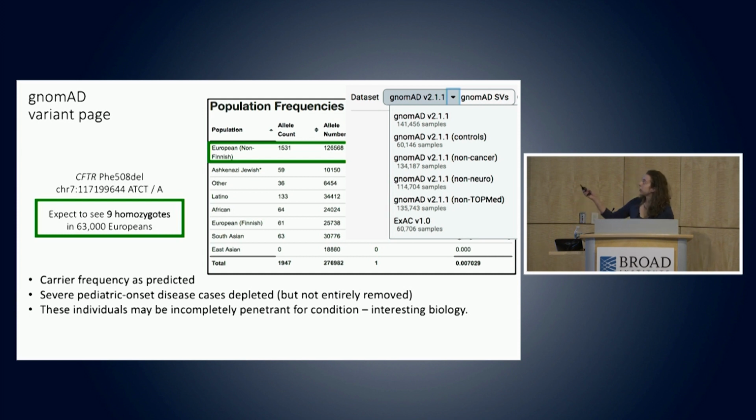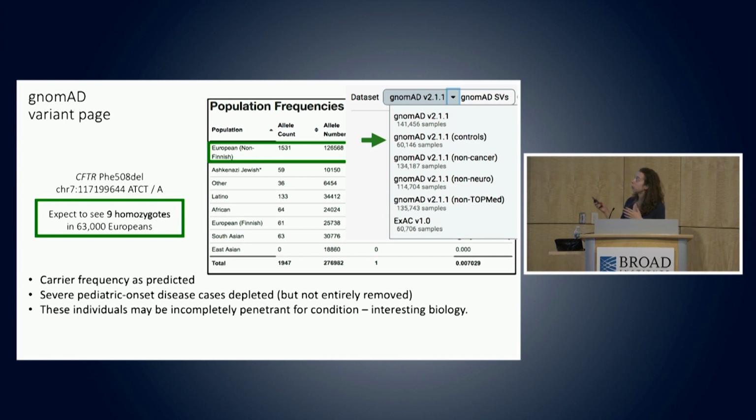So on each gnomAD page, you can click some subsets and look in some different subsets of the data. If you're working on cancer, you might want to look in the non-cancer subset. If you're working on intellectual disability, maybe you want to look in the non-neuro subset. If you are also looking at the TopMed database, we also have this, so you can make sure you're not double counting things. One of the other things we have is if you are listed as a control in a study, again, it doesn't mean you don't have other diseases because you're recruited for one condition generally in a study.